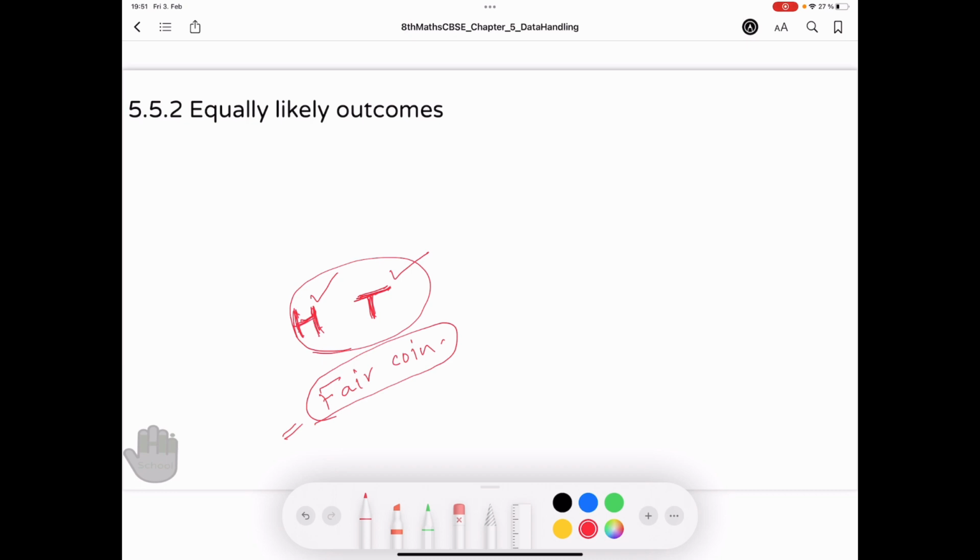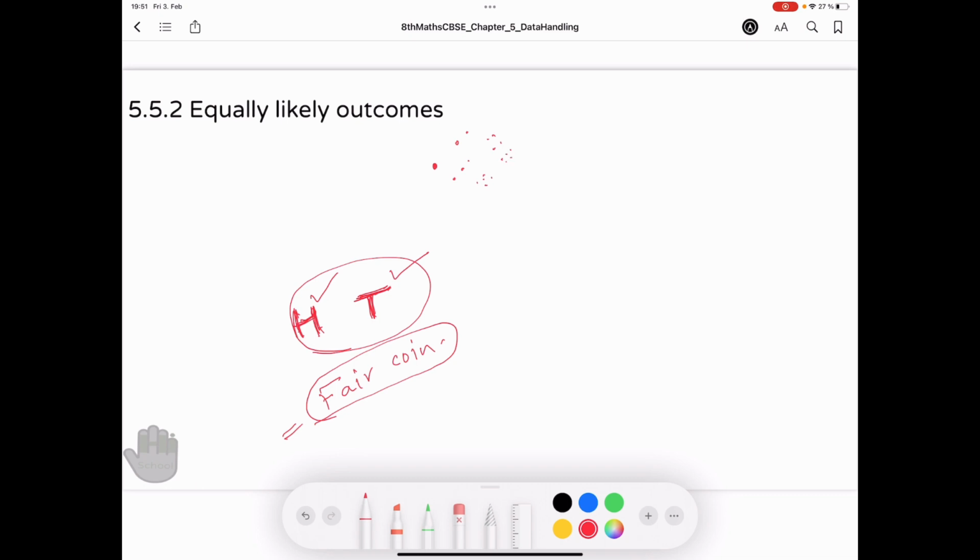Similarly, in the case of a fair die, there are 6 sides. When we roll the die, any side can come up. If it's a fair die, there are equal chances of 1 coming, or 2, or 3, or 4, or 5, or 6.